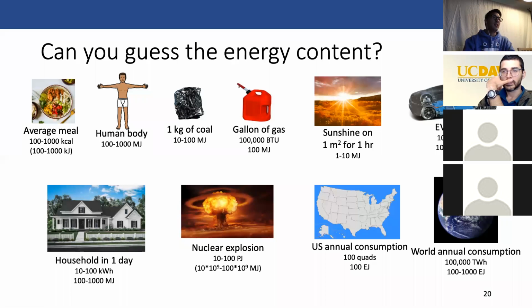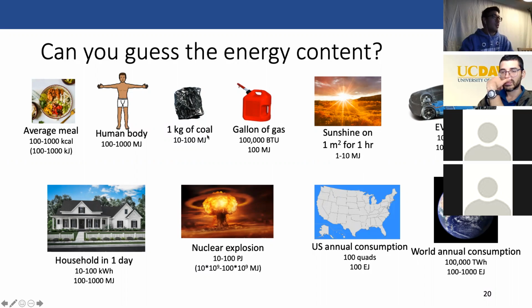Okay, and so if I think about the amount of sunshine on a patch of ground 1 meter squared for an hour, so not even taking into account the efficiency losses of collecting that energy, that raw primary energy coming from the sun is about between 1 to 10 megajoules, right, order of magnitude.